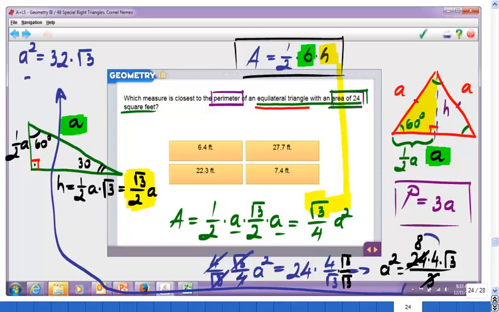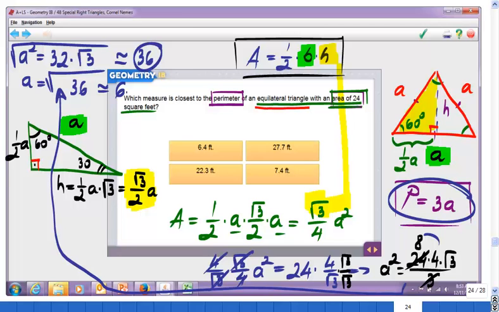And that tells you that your A, your side, will be the square root of 32 times square root 3, which we can approximate as what? I'm finding whatever closest perfect square I can find, and that's 36. So I know my side is square root 36, which, because we have approximated, looks like approximately 6, because I need to find 3 times that, 3 times 6, and that will be 18, right?